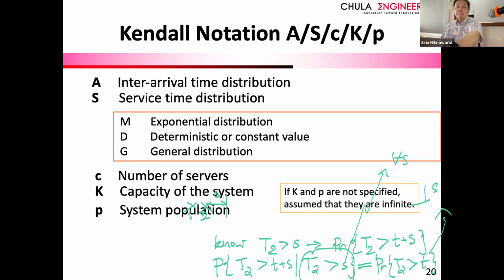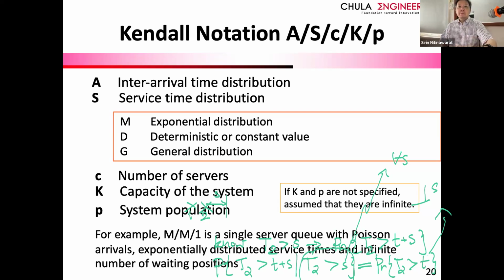So that's M, M. And the simplest queuing system is the situation with only one server. One server, that's the third character here. If we assume the arrival process is Poisson, then by definition the population size is infinite, so we can omit it, right?